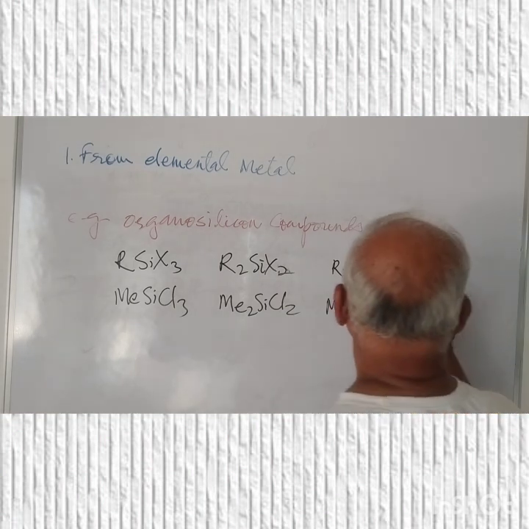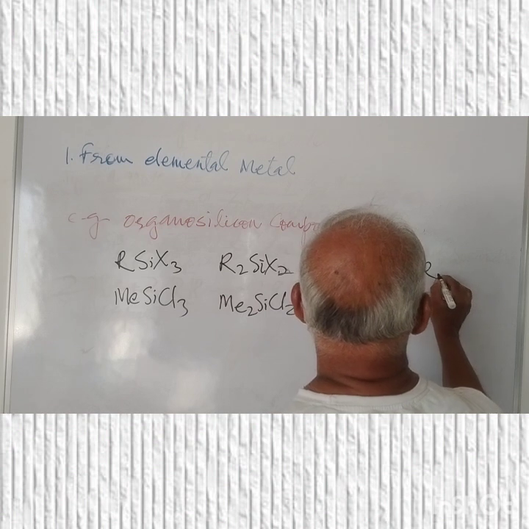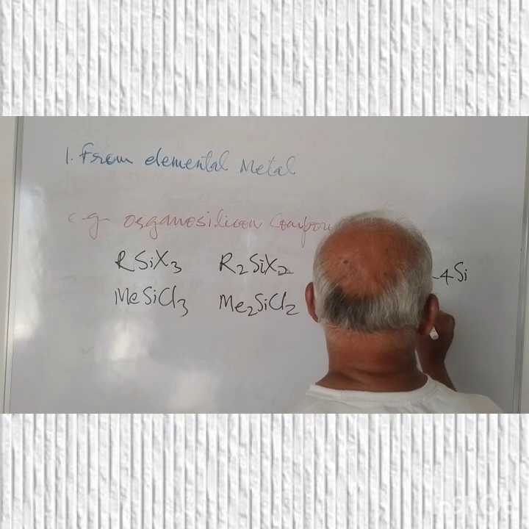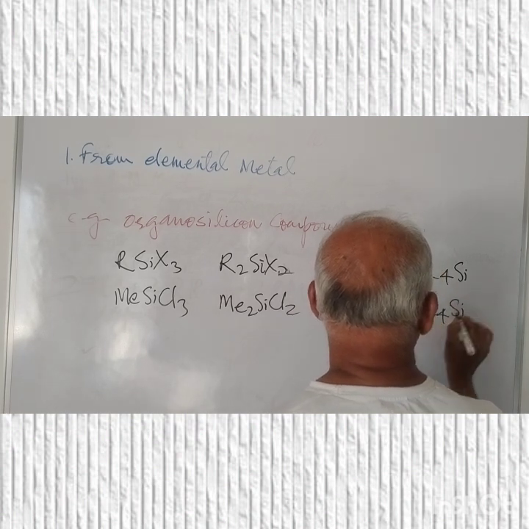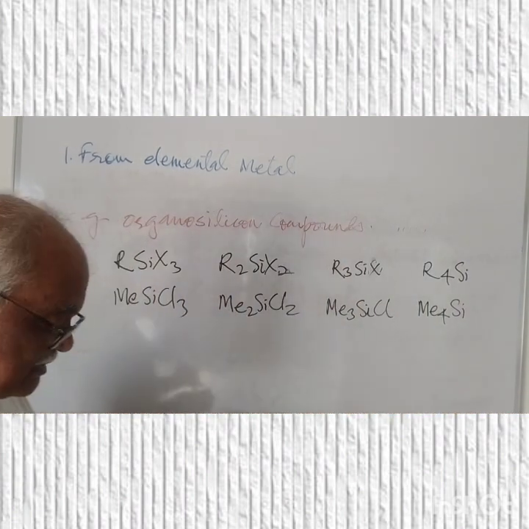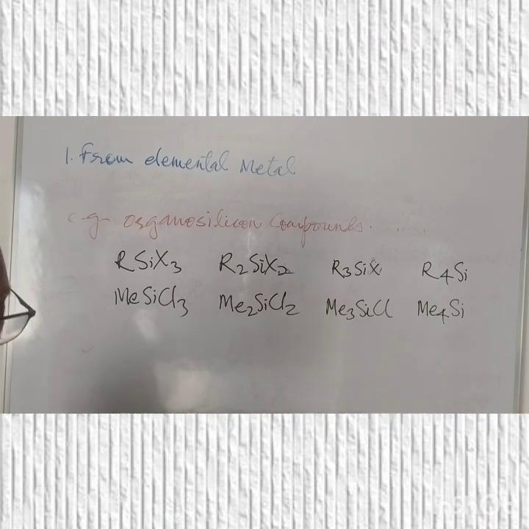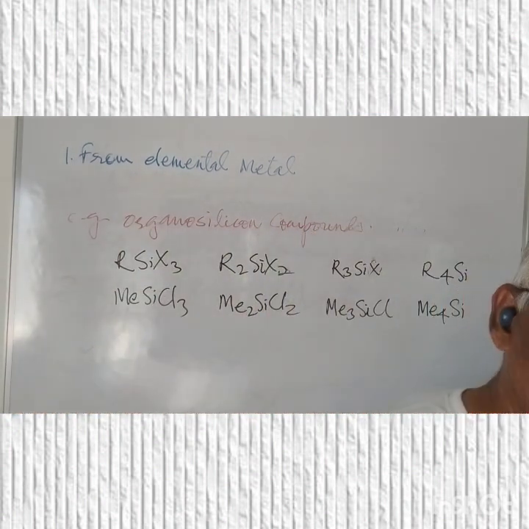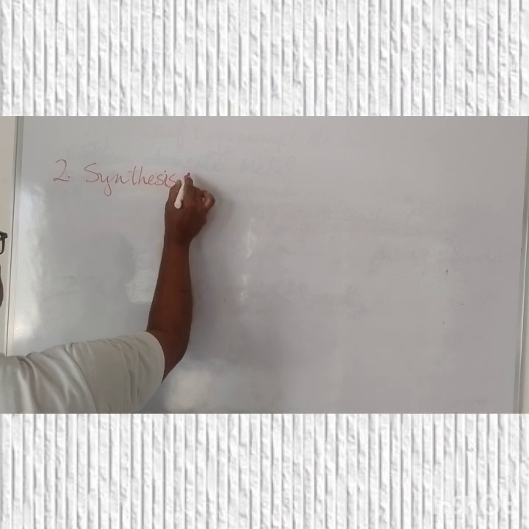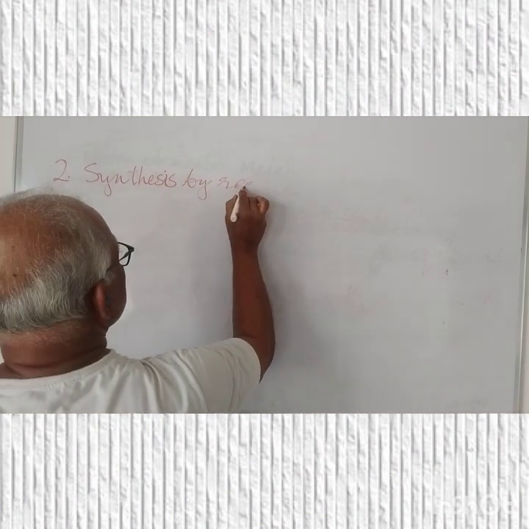Finally we can have R4Si, Me4Si, tetramethylsilane. These are a few examples which represent the organosilicon compounds, which are also prepared using the metal silicon. Now the synthesis by reactions.